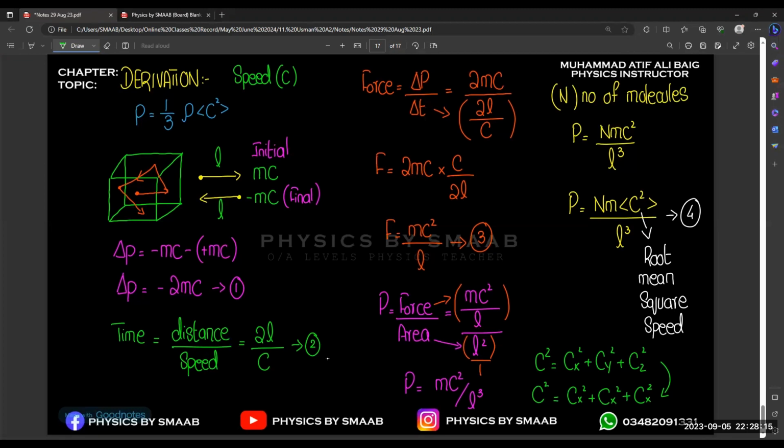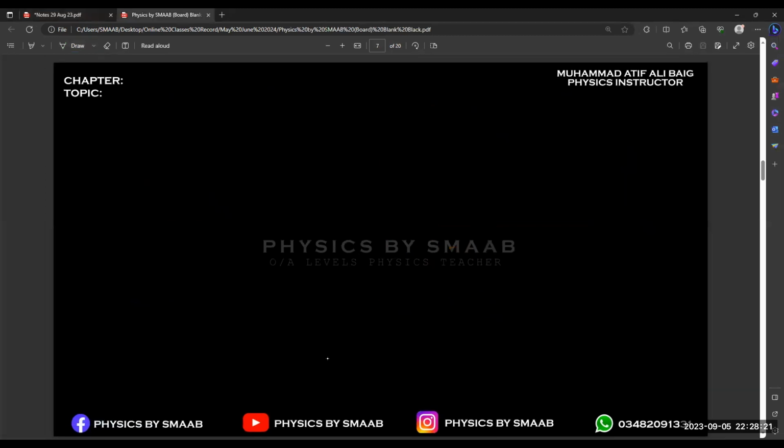So we ended with c square equals cx square plus cx square plus cx square. Combining the equation will give you 3cx square, right?